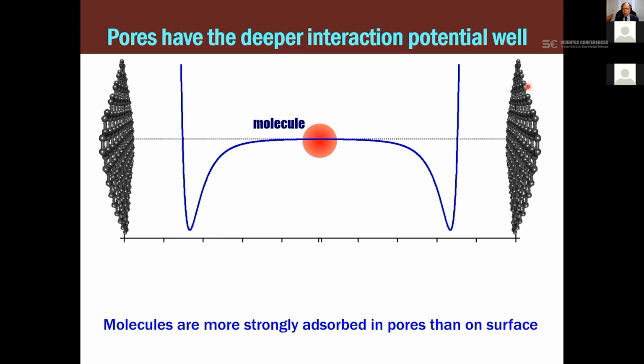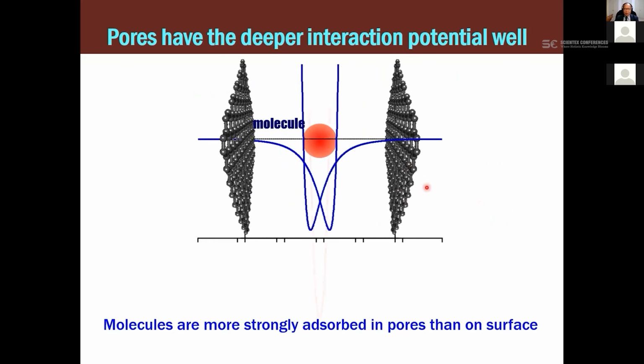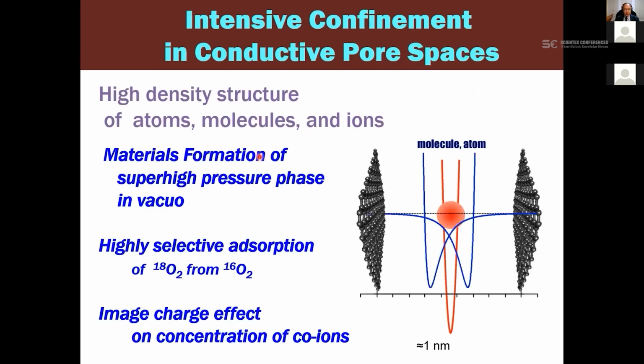In particular, this kind of pore structure is very important. If we have very narrow pore systems, interaction potentials from both sides overlap each other to give a very deep interaction potential, giving the very unique function of such nanoscale pores.